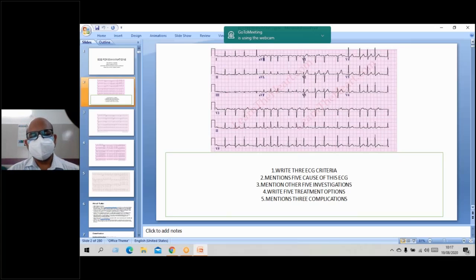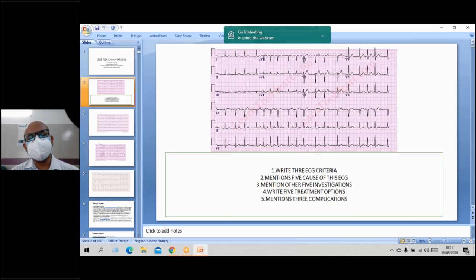As well as the patient may have heart failure, usually biventricular failure, or right heart failure, or left heart failure. So these are the complications.